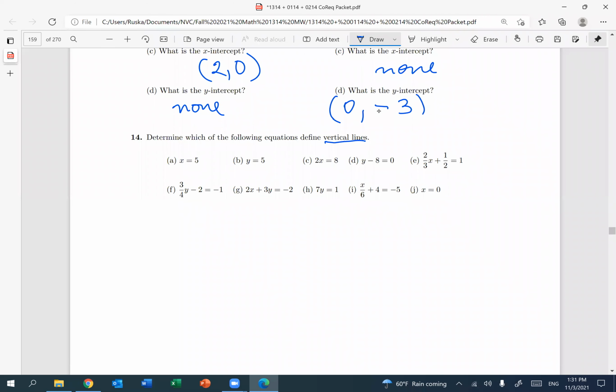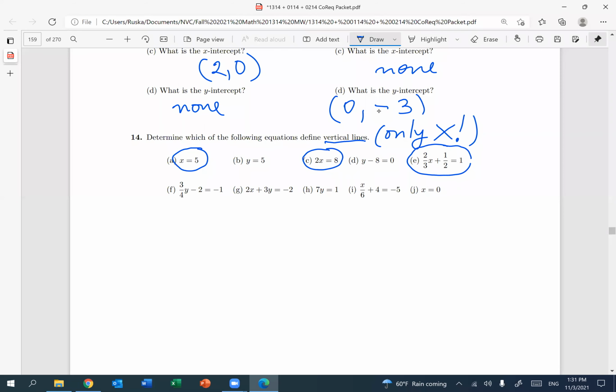If the equation has only x, so a vertical line has only x in the equation. So there is no y in the equation. So A is vertical. This is also vertical because there's no y. This one also is going to be vertical. See, there's no y in that equation.